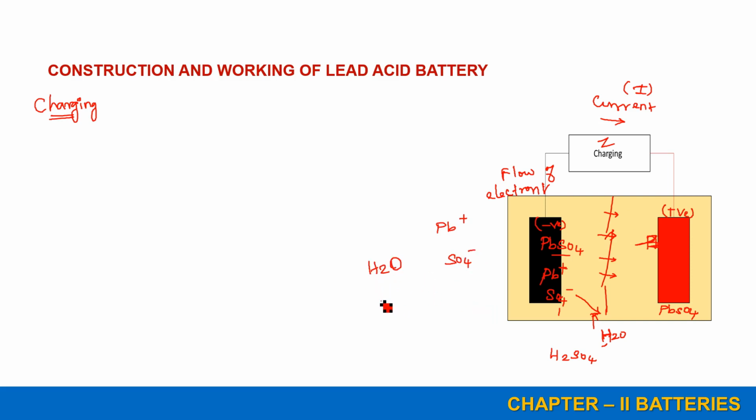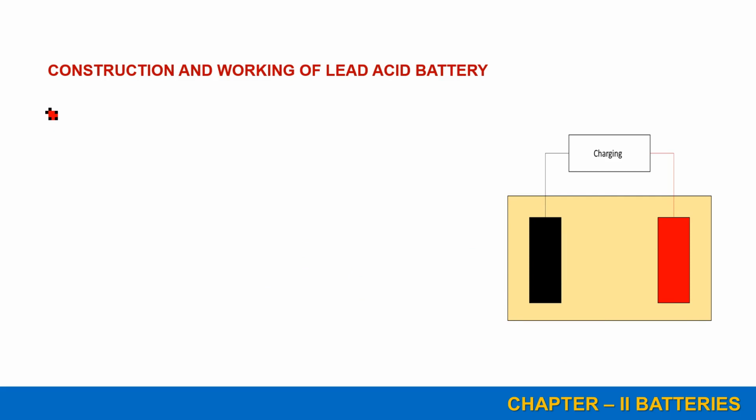This water is split into H2 as well as O2, and then this H2 will form hydrogen sulfate by reacting with the sulfate, and then your lead will be lead peroxide as well as sponge lead. So this is happening in the charging condition. We will see the chemical reaction in the charging condition.